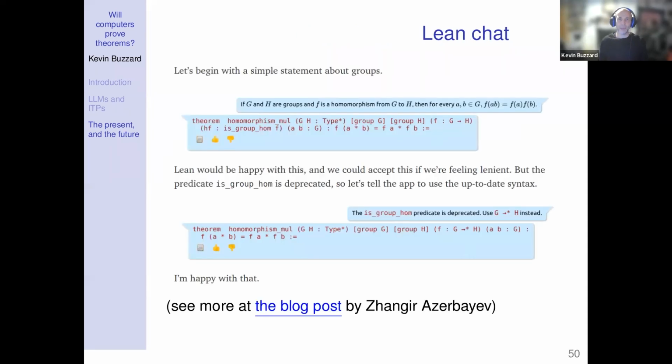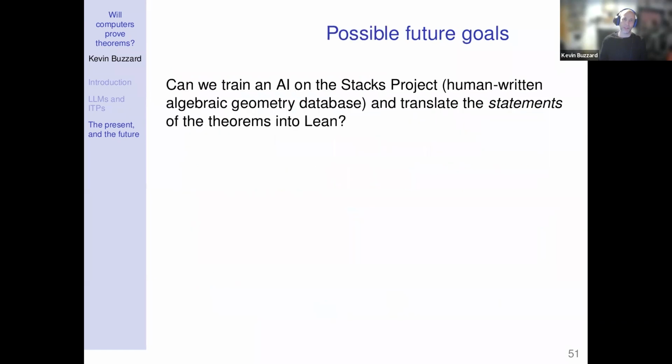So here's an example. This is again on my blog. This is an undergraduate from Yale, Sangir Azabayev. He has a system where you type in a statement in natural language, and the large language model outputs a statement in Lean, which is kind of cool. There's lots of examples on the blog post.